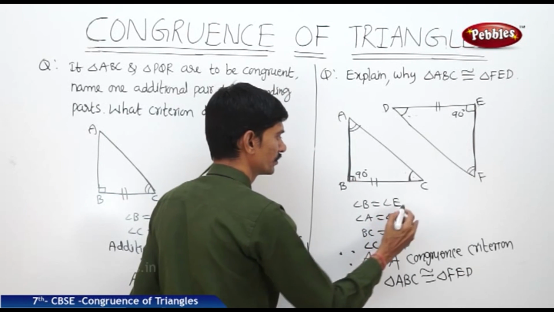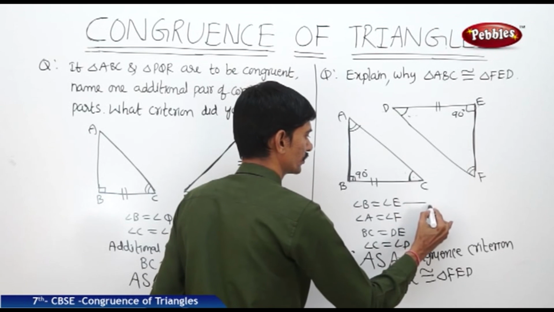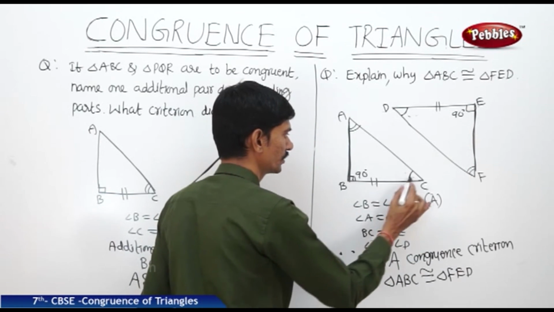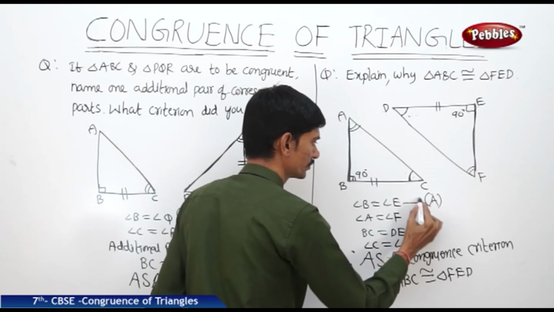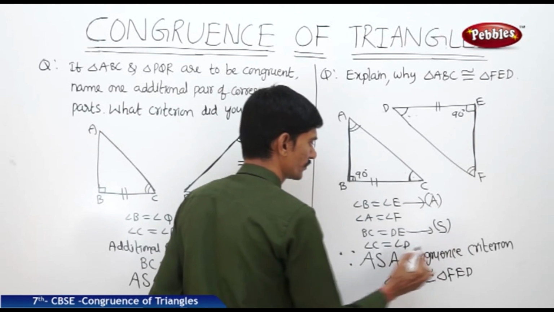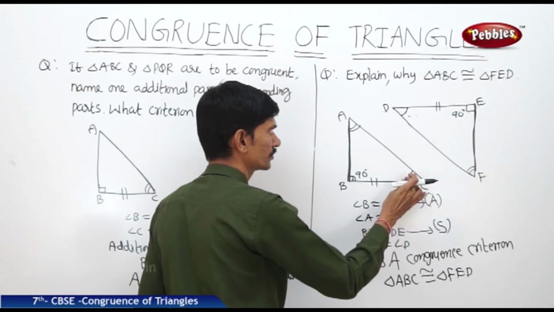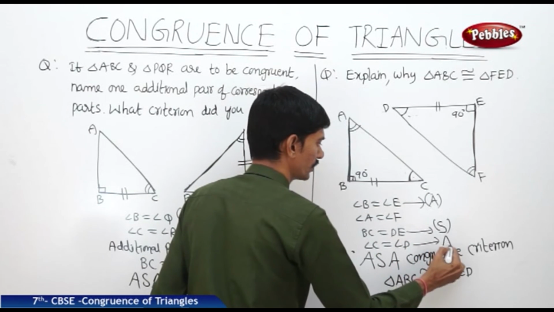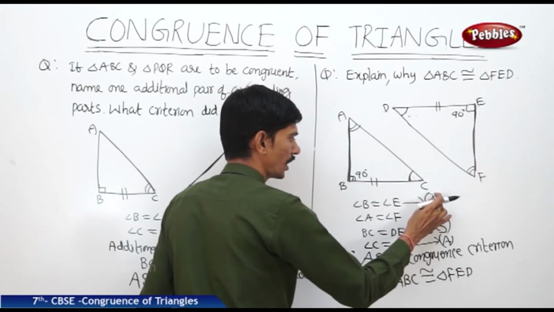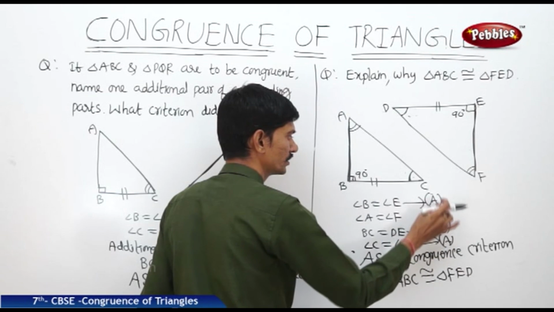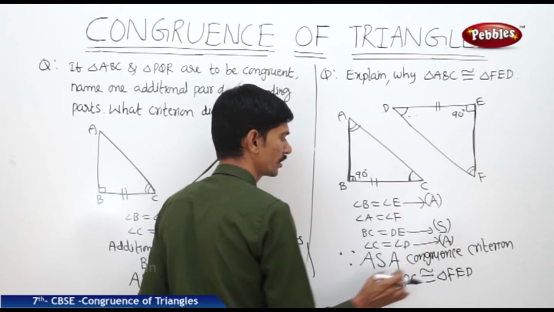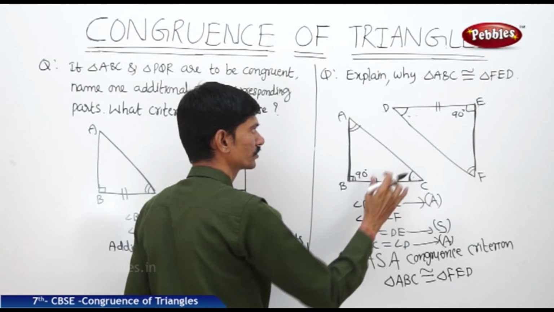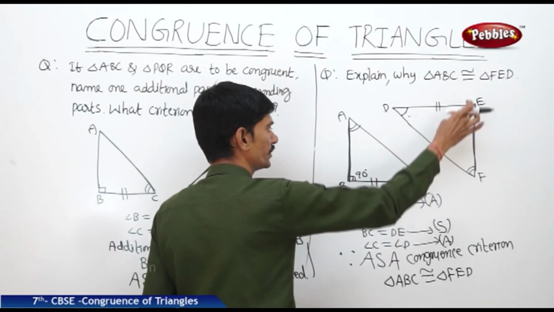So angle B equals angle E, so this is angle; side BC equals DE, so this is side; and angle C equals angle D, so this is also angle. So since the angle side angle congruence criterion is used, we can say that triangle ABC is congruent to triangle FED.